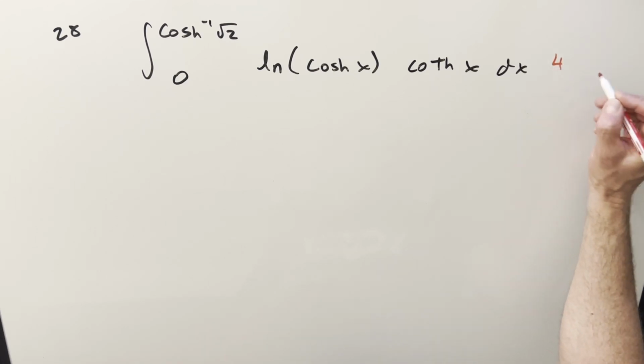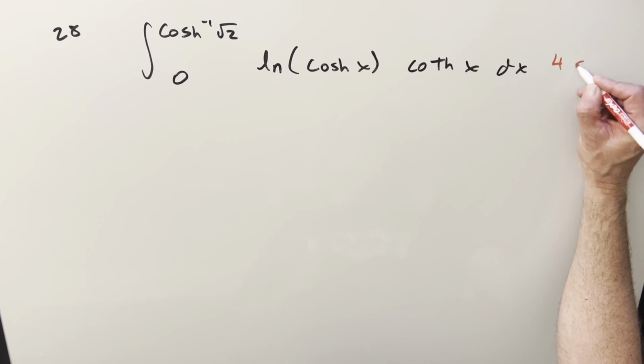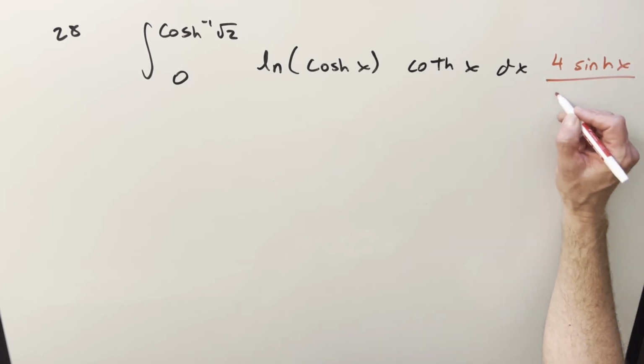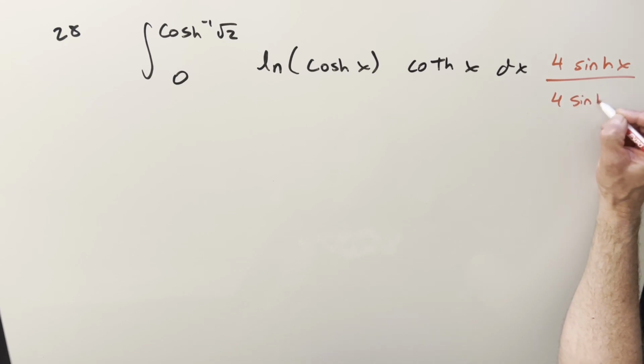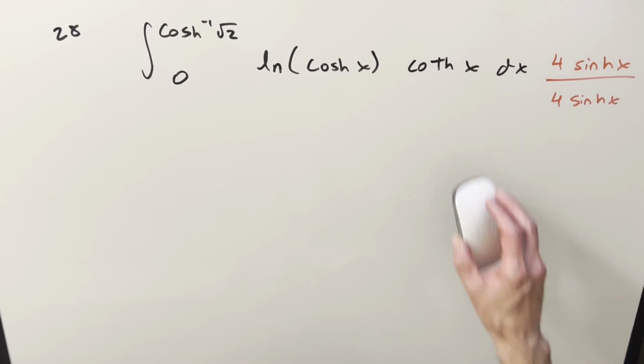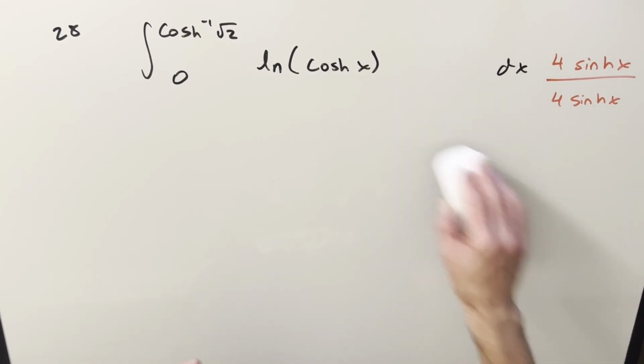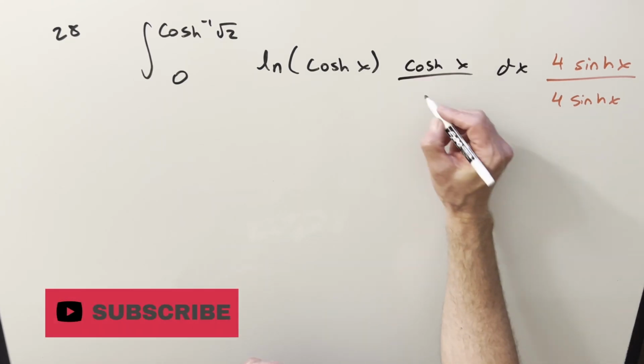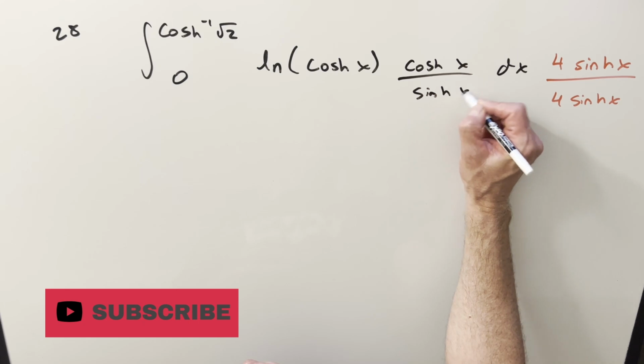So what we want to do is multiply and divide by 4 times sinh of x. The reason for this is because hyperbolic cotangent, I can rewrite as cosh of x over sinh of x.